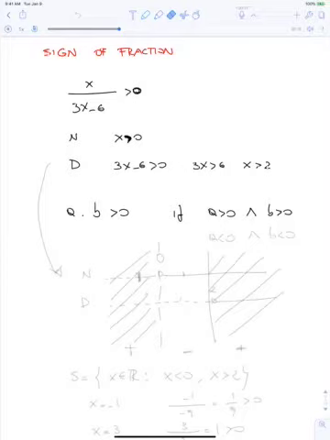Or this is going to also be true when a is less than 0 and b is less than 0. Because if they're both negative, the product is going to be positive, right? Minus 2 times minus 3 is going to be plus 6.